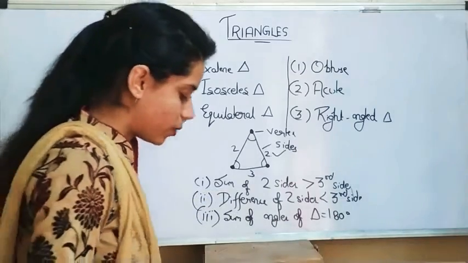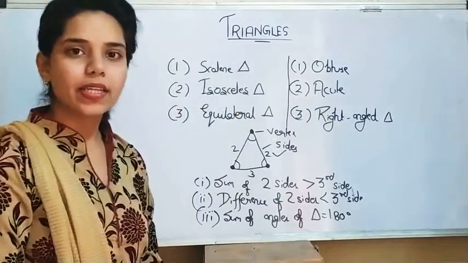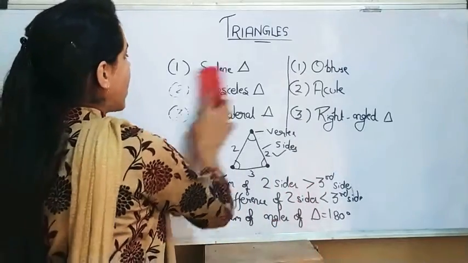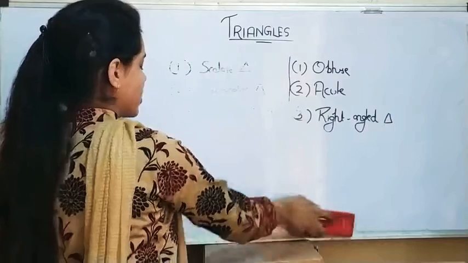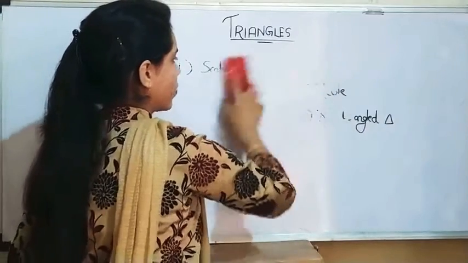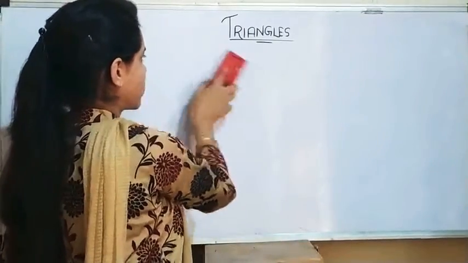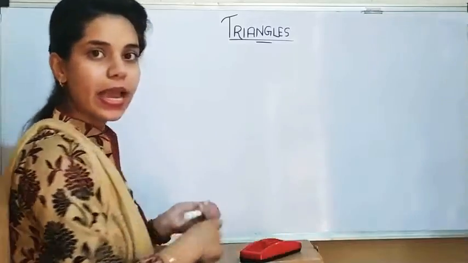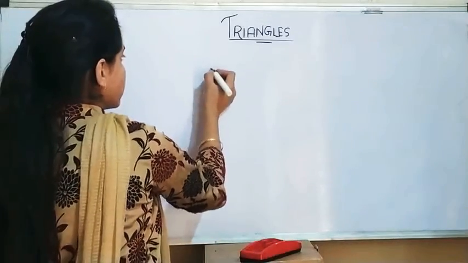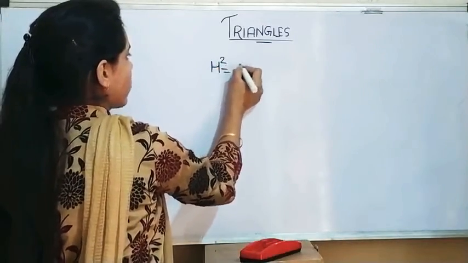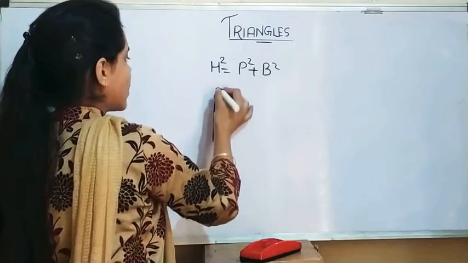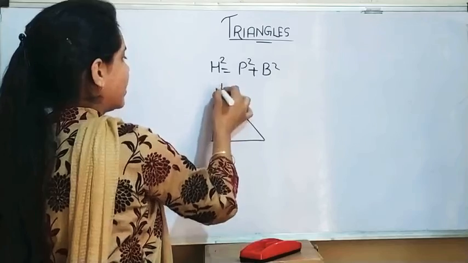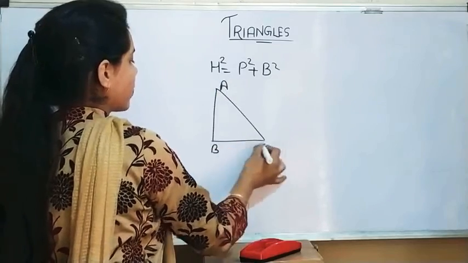Now, what is the Pythagorean property? The Pythagorean property means in a right angle triangle, the square of the hypotenuse equals the sum of the squares of the perpendicular and base. H squared equals P squared plus B squared. Suppose this is right angle triangle ABC.